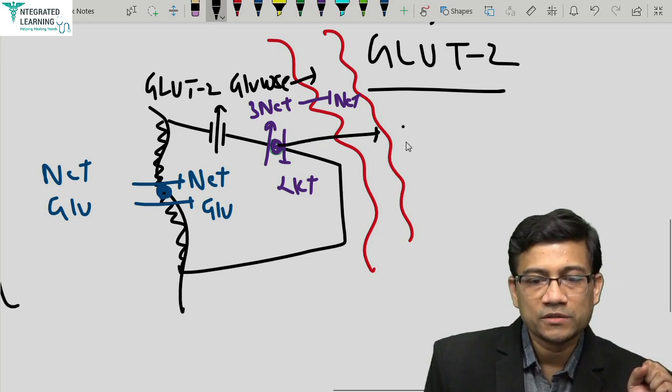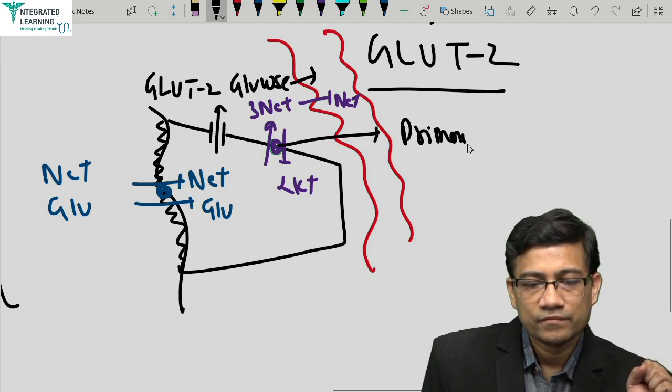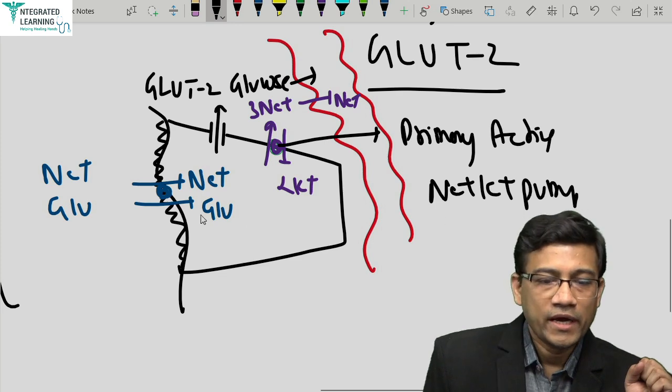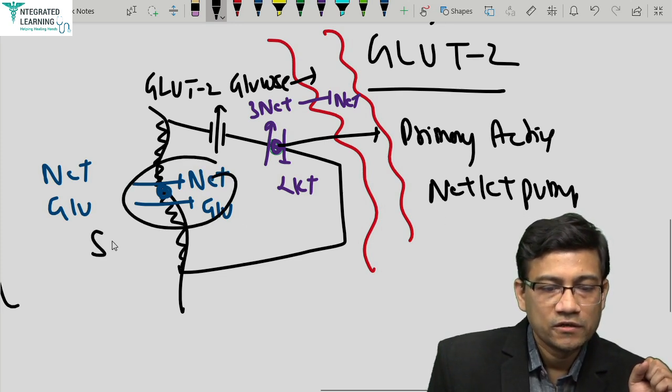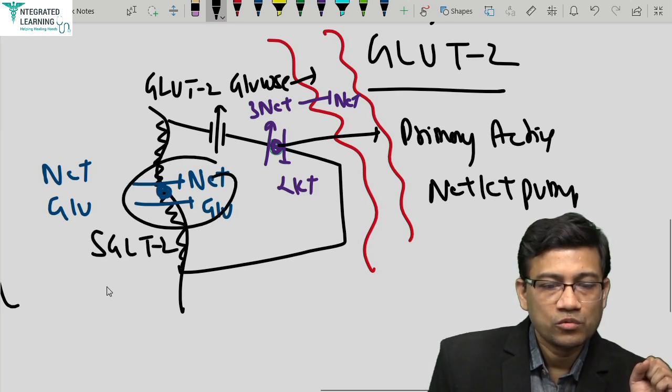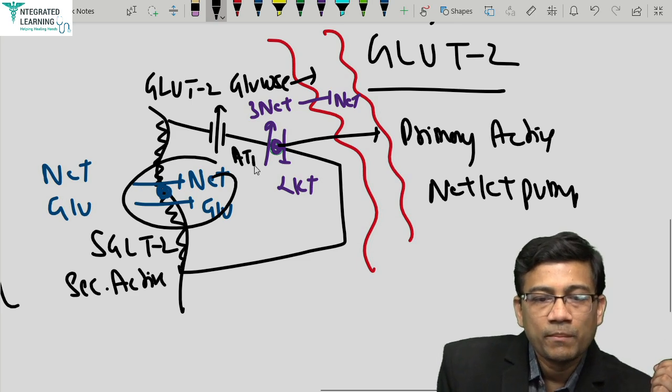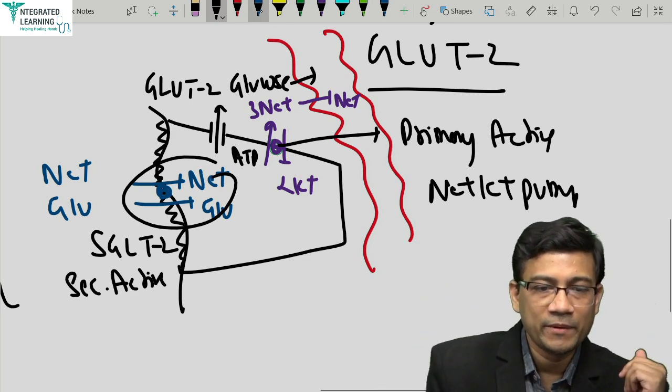This pump is primary active, the sodium potassium pump, and the SGLT2 is secondary active. Why? Because it depends on the ATP used by what transporter? Sodium potassium pump.